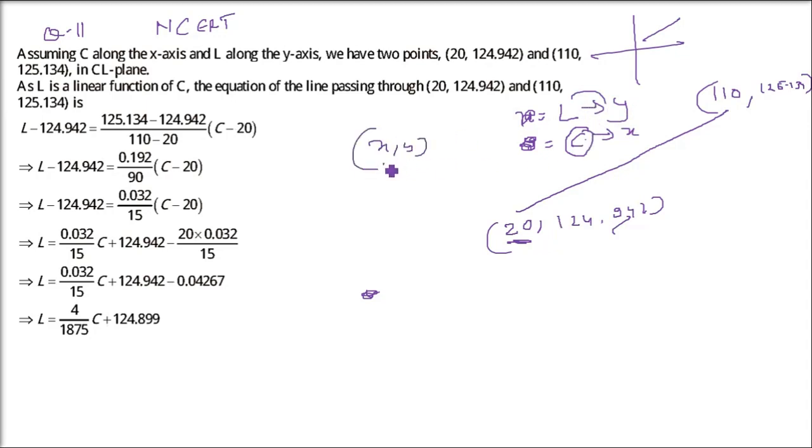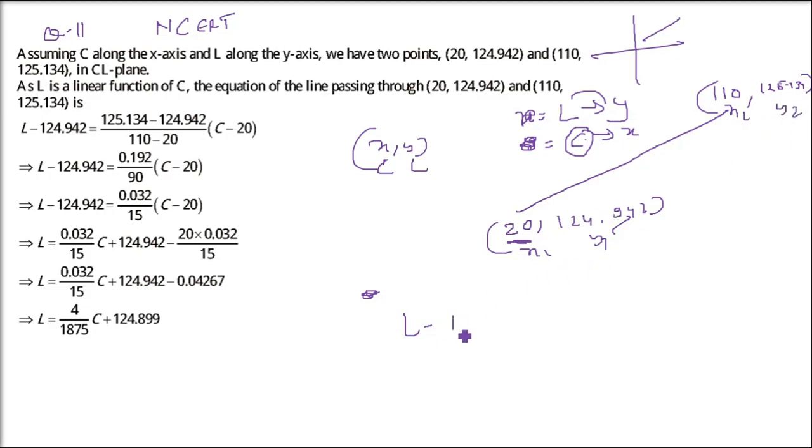Now when we have x and y coordinates, temperature and length, L minus y1. You take this as x1, y1 and this as x2, y2.